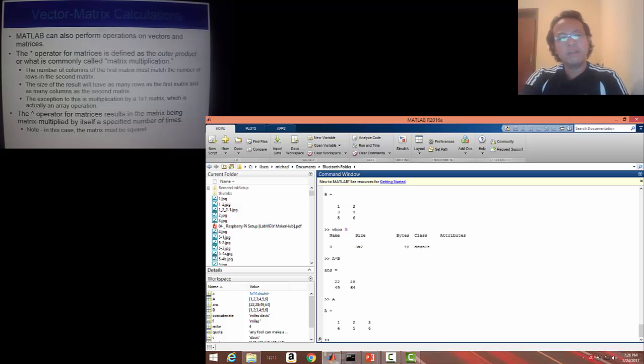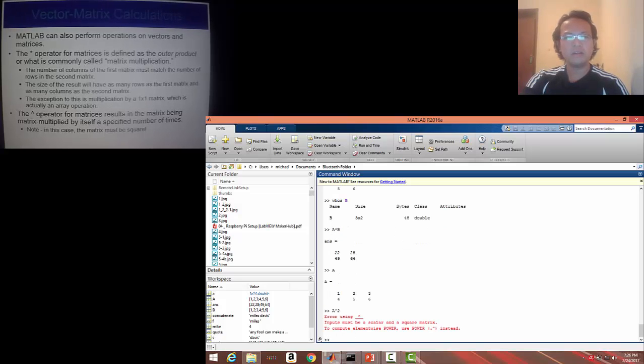Let's go back to A. If you say A squared, it means matrix multiplication of A by itself. Let's see the answer. Oh, why? This is A times A. I'm sorry, this is not a square matrix, so I forgot. As you can see, note in this case the matrix must be square.